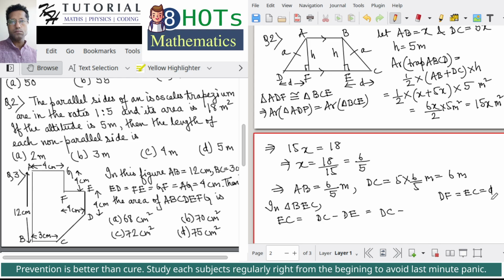Let us assume EC to be d. The length of EC or DF is equal to d.